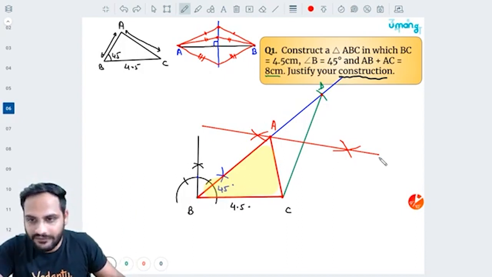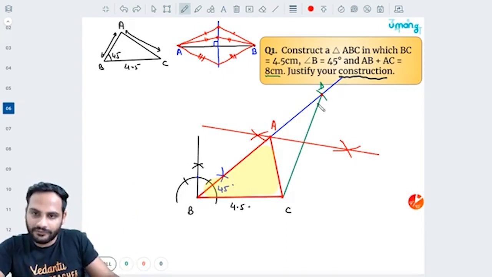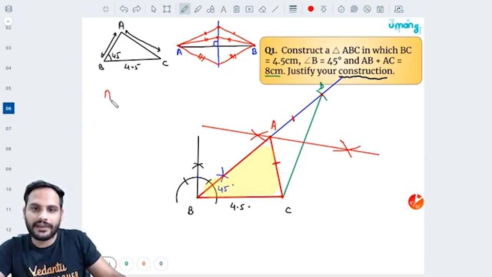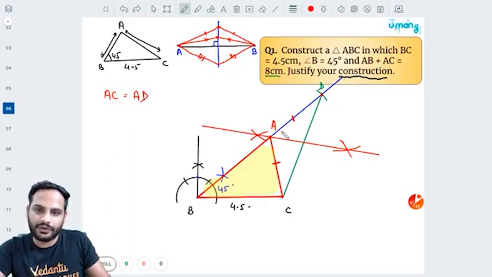So here we have drawn this perpendicular bisector for this line CD. So I can say this point A is on the perpendicular bisector of CD. So I can say, sir, AC is equal to AD. Now, what is BD equal to? BD is equal to AB plus AD. I know BD is 8 centimeter.